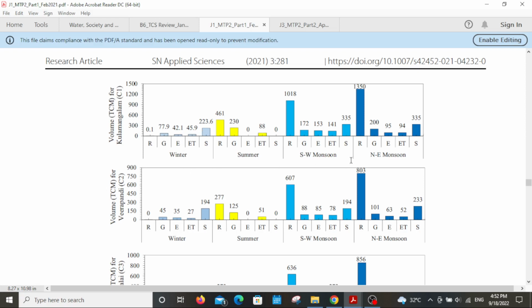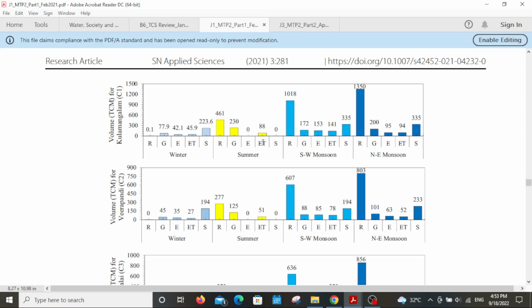We can visualize from here that the northeast monsoon has more storage, and the southwest monsoon also shows similar storage, while the storage declines from the monsoonal seasons to the non-monsoonal seasons. For example, storage becomes almost zero.